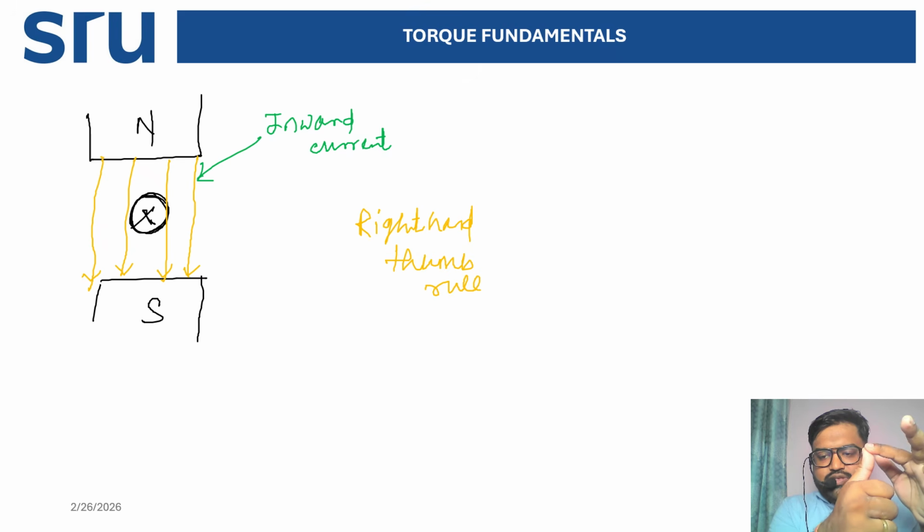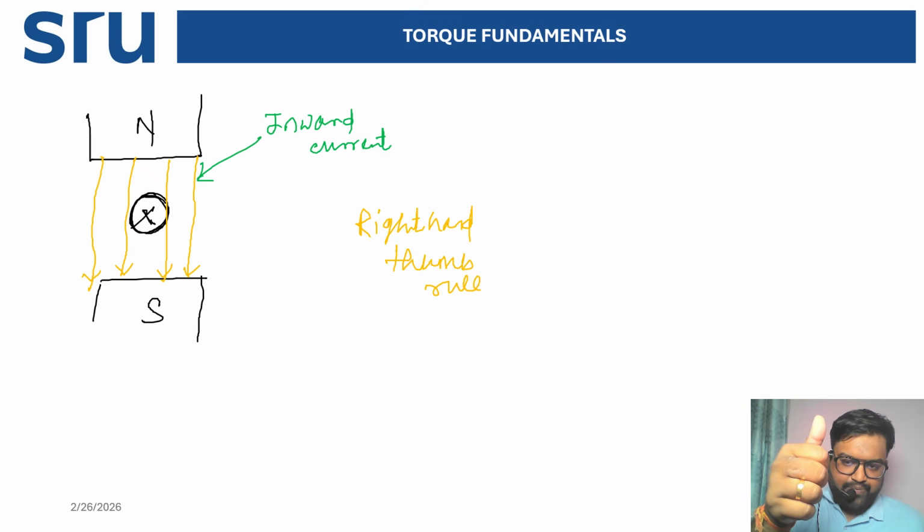Put your hand like this. If the current direction is inward, your thumb will point inward. Then your curled fingers are in the clockwise direction, as the diagram shows.